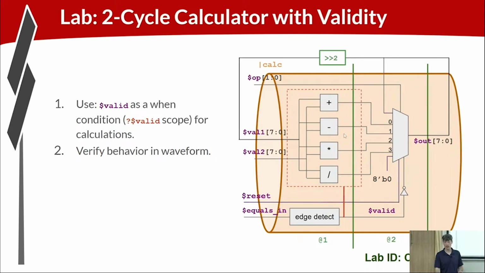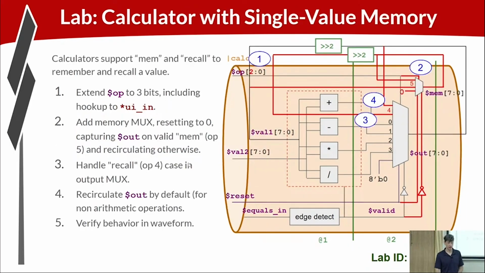Therefore, for clock gating, for example, there's no reason to provide the clocks for the flip-flops that are carrying the result of this computation through to the mux. And there's no reason for us to look at the values in the waveform. We should know that we're not using them. So this lab is simply to take the existing valid signal and apply that as a when condition to the arithmetic computation here, and verify that in the waveform.